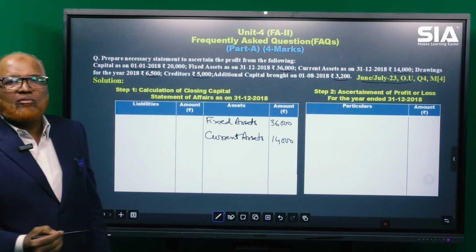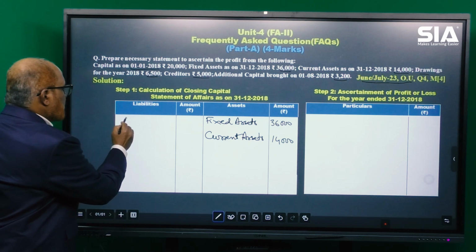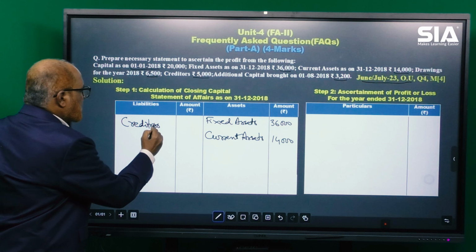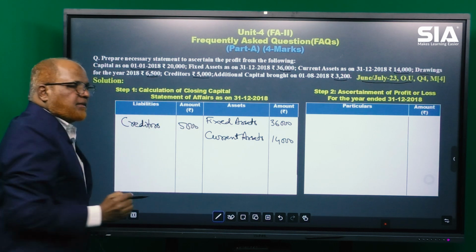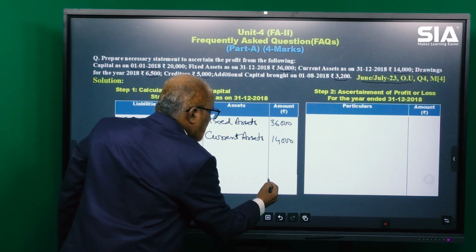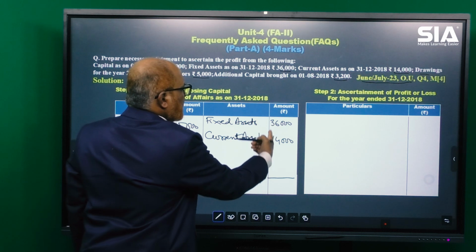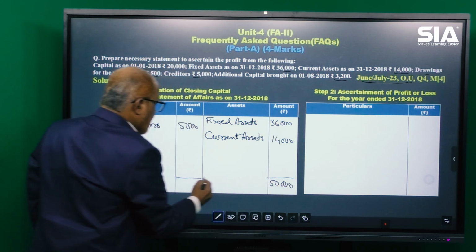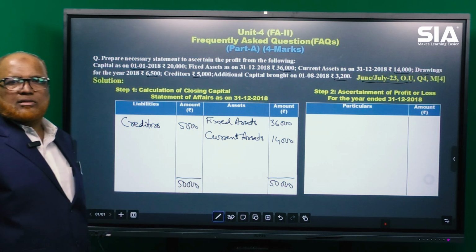Then only one liability is given, that is creditors. So creditors we take on the liability side. How much are the creditors? 5,000. See, at the end of the year, we are given two assets and one liability. Take the total. The total of the asset side is 36 plus 14, that is 50,000. 50,000 is the total asset, right?